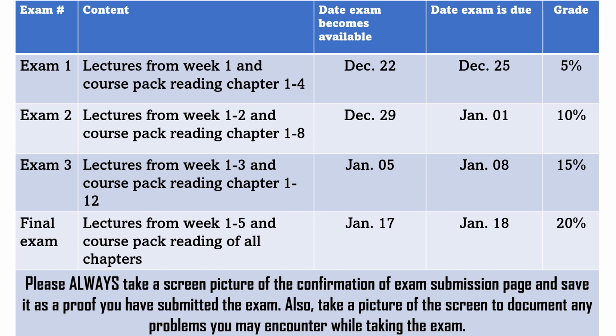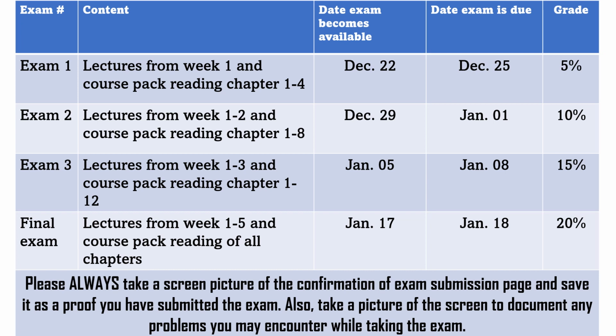On this slide, you see the exam schedule. So notice exam 1 is based on course pack reading, okay, chapters 1 through 4, as well as lectures from week 1. It will be available from December 22 until December 25. Exam 2, lectures from weeks 1 and 2, course pack reading chapters 1 through 8.